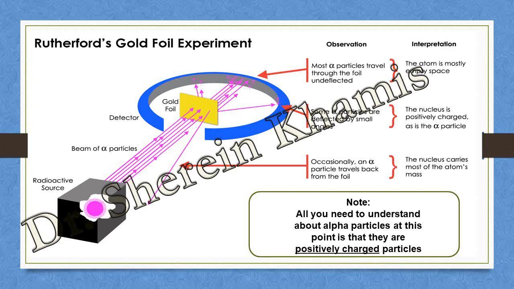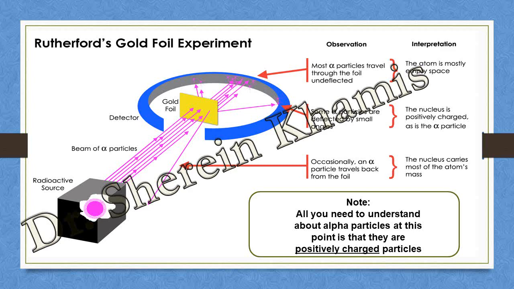Another one: some alpha particles. We have here the word some, and here we have a small amount of alpha particles deflected away from their straight line. So they can't move in the same way, as they are blocked in front of something that makes them move away.